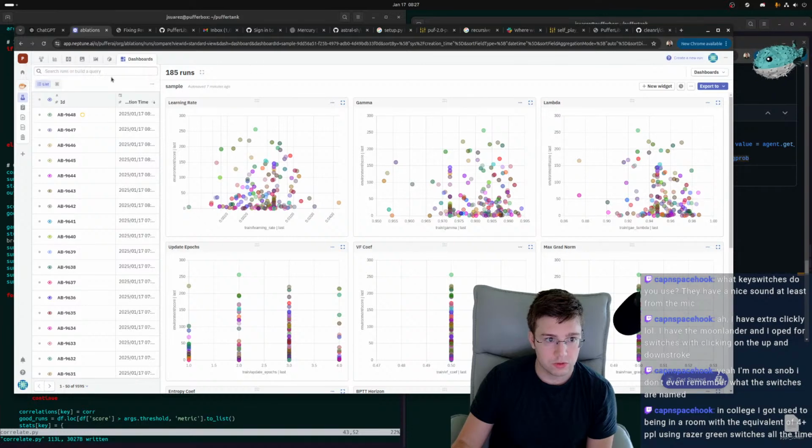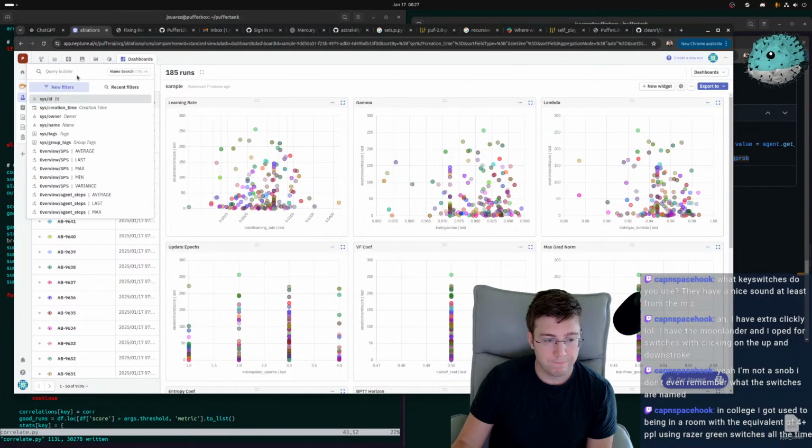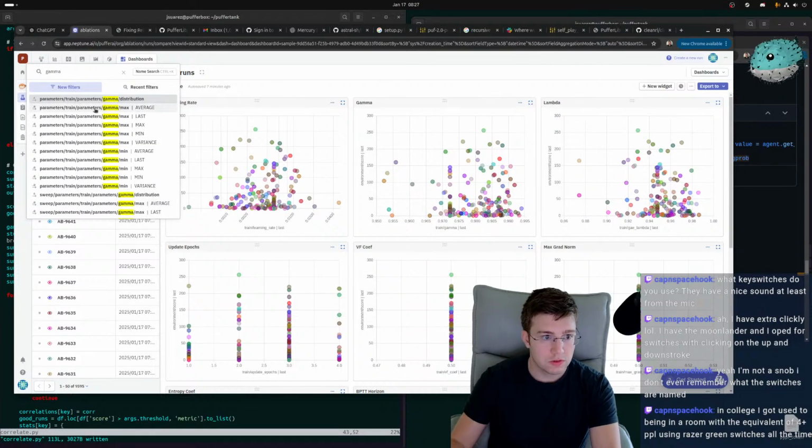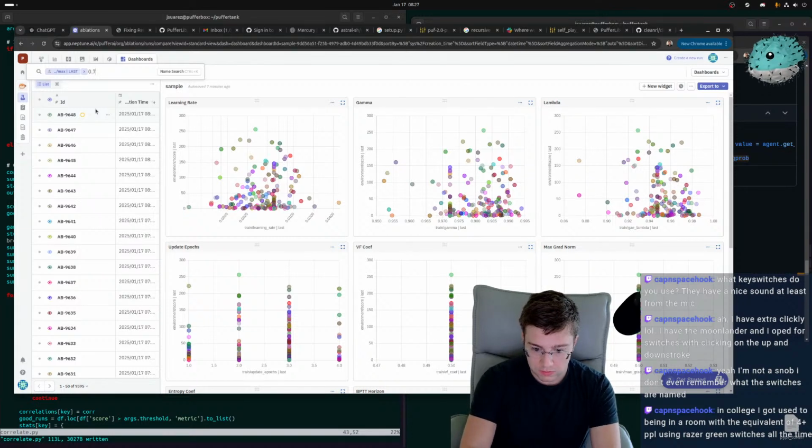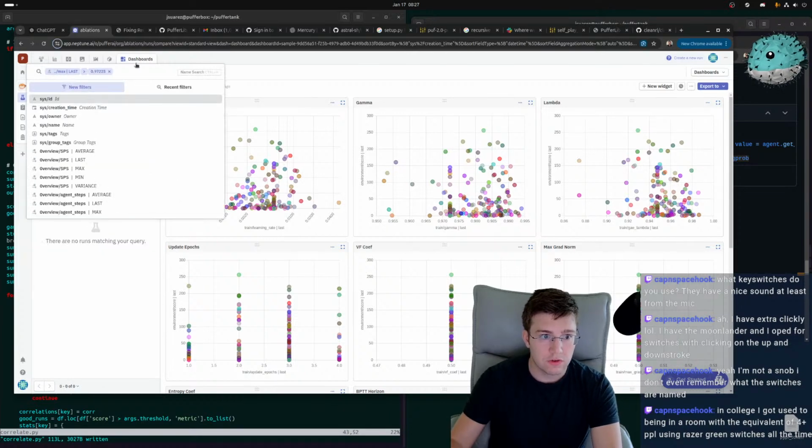Search runs or build query. So we do gamma last greater than. Do you have and?